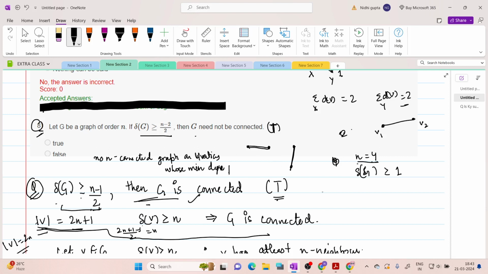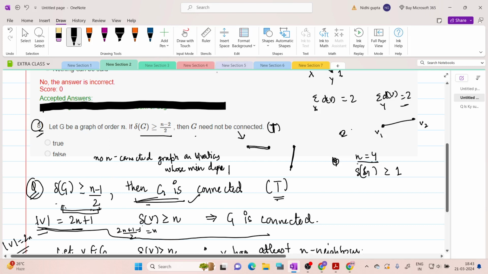Therefore, we see that this lower bound, that minimum degree greater than or equal to (n minus 1) by 2 always guarantees G is connected, cannot be improved. So this bound is strong, because we can look at just this example.